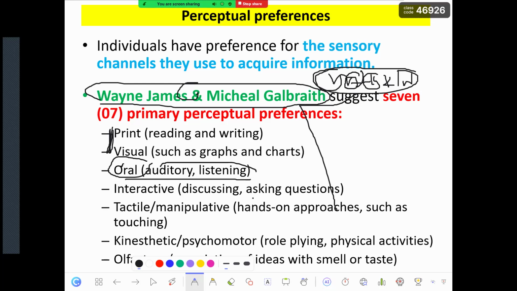Then interactive: discussing, asking questions. Tactile, that is hands-on experience, that is kinesthetic, right? Kinesthetic, psychomotor, the same meanings: role playing, physical activities. They are synonyms, different perspectives of the same thing.